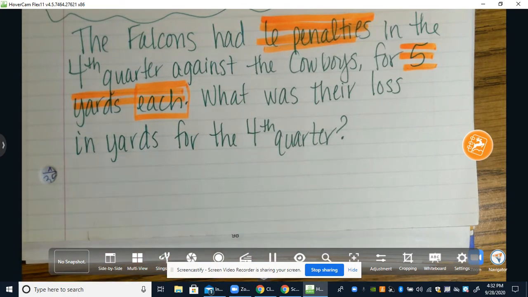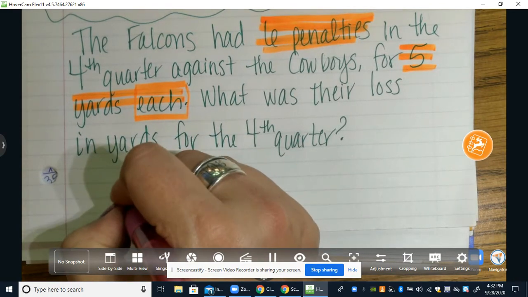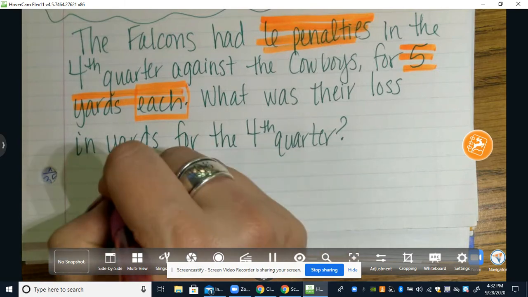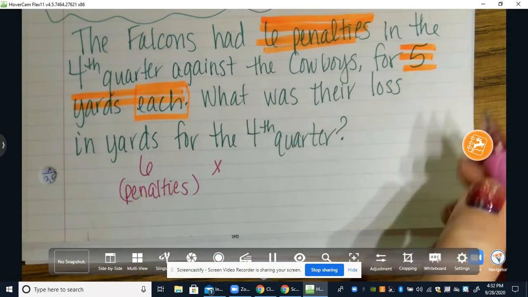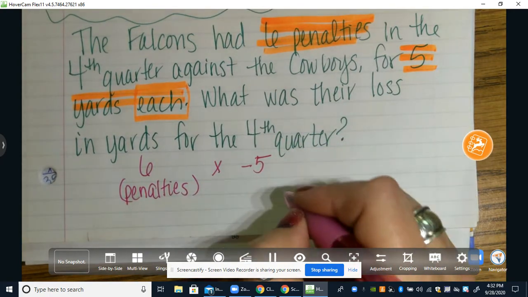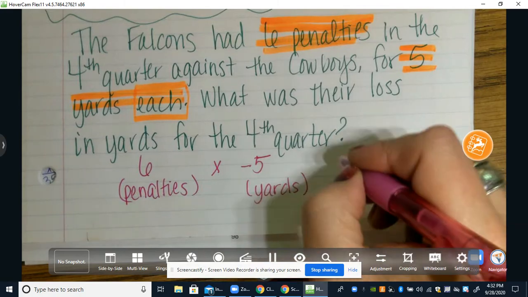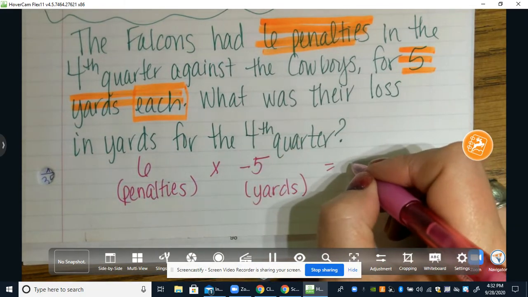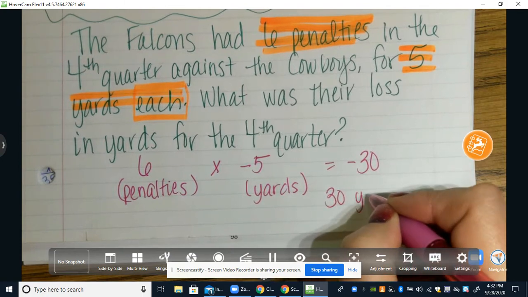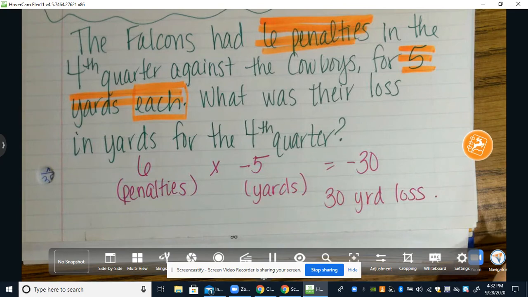So I'm going to take this 6, which represents my penalties, and multiply it by a -5 because they lost 5 yards. And 6 times a -5 gives me a -30. So we can say that they had a 30-yard loss in the fourth quarter.